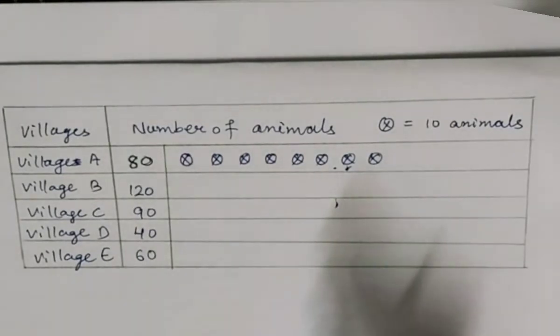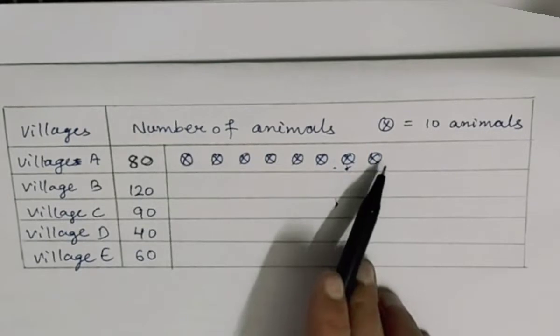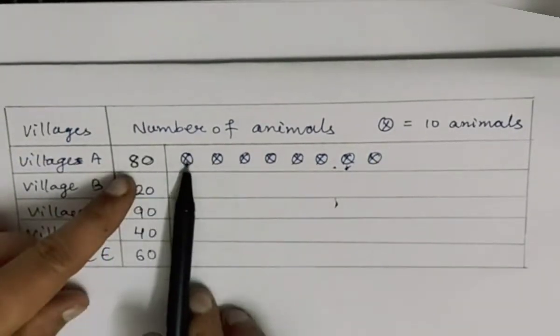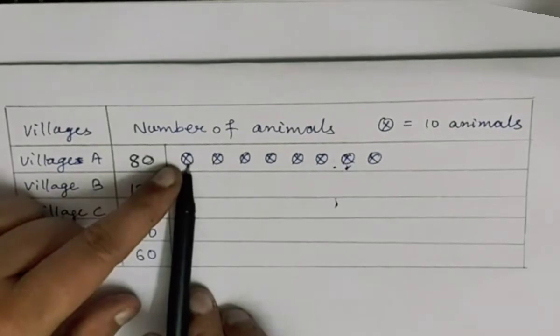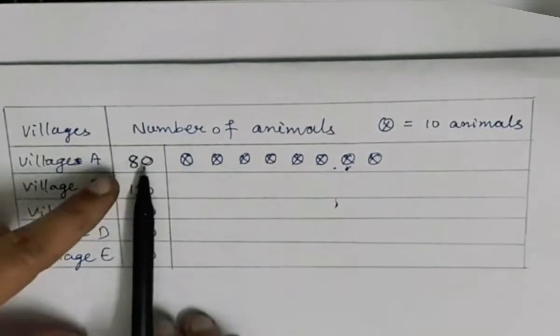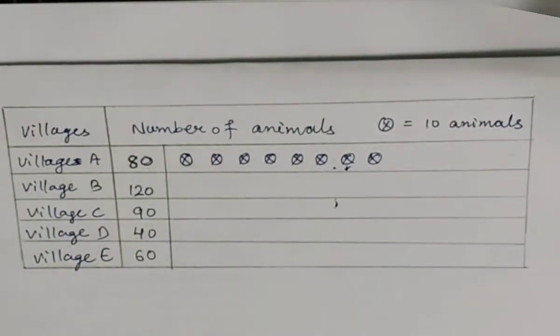Earlier we were doing the opposite thing, that this was already given, and we interpreted how many animals. Because this represents 10, so if we have drawn 8, then 10 into 8 is 80, so 80 animals. So in this way we can understand and we can draw.